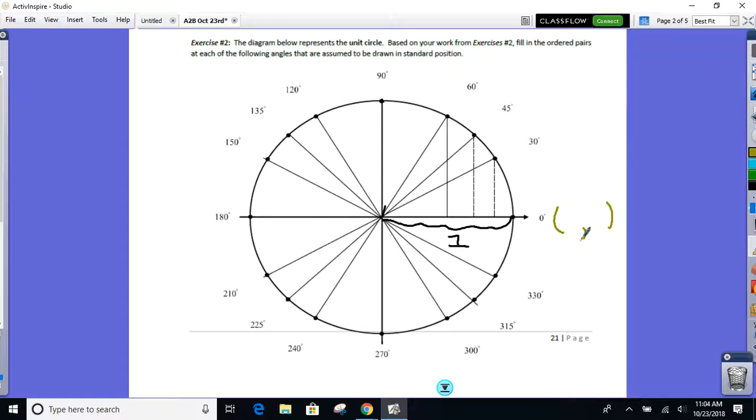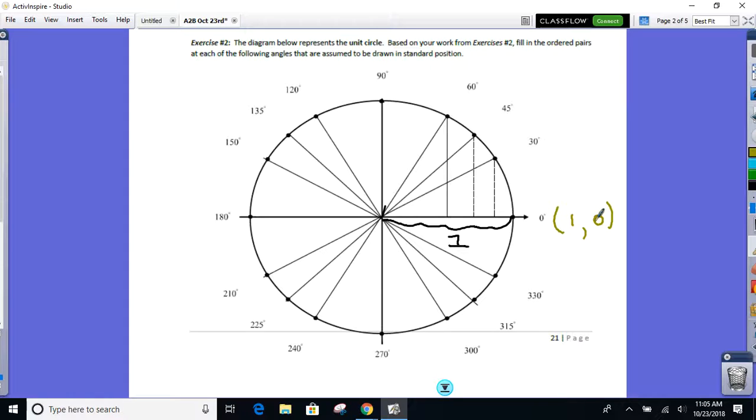What's that point on the x-axis? 1, 0. Yep. So at 0 degrees, that point will be 1, 0. Okay, so here's my goal right now. Can we fill out each point for all these degree measures on the XY axis?